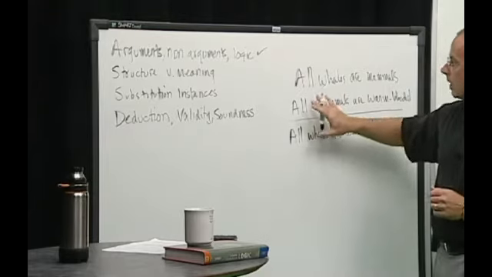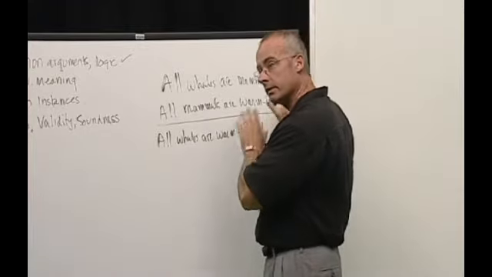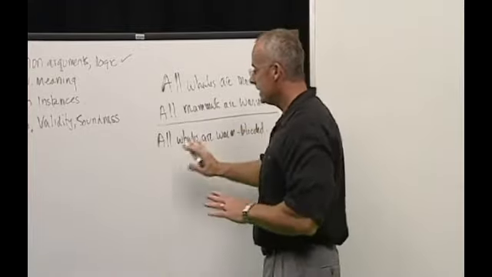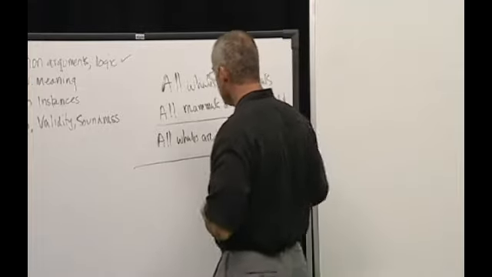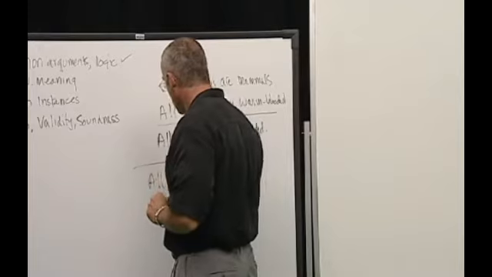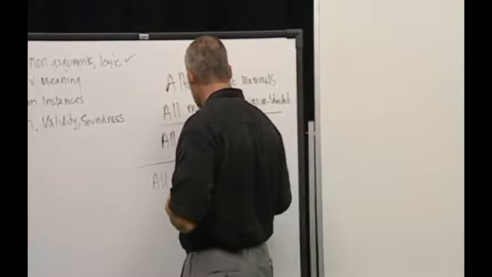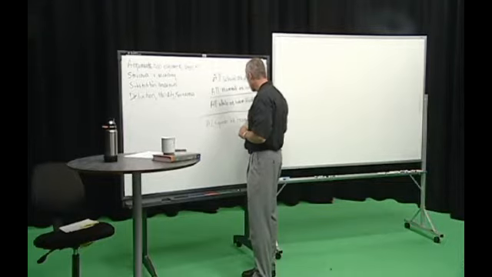Now, all of us have an intuitive sense of the structure of this particular argument. Okay? All one thing or something else, all that second thing or something else, and so on. It is similar to this particular argument, and you'll see how in just a moment. All squares are triangles.